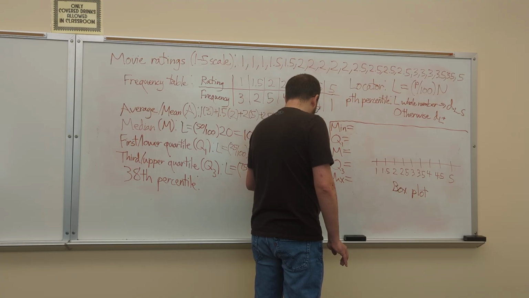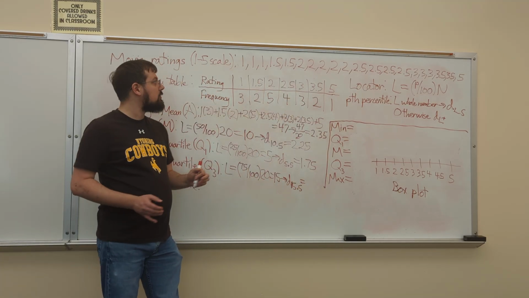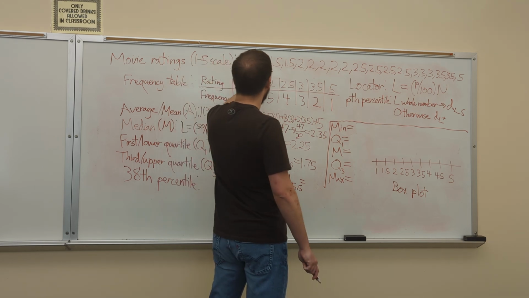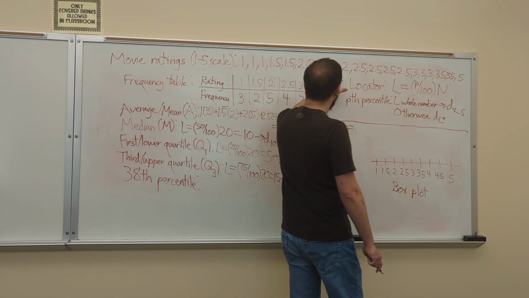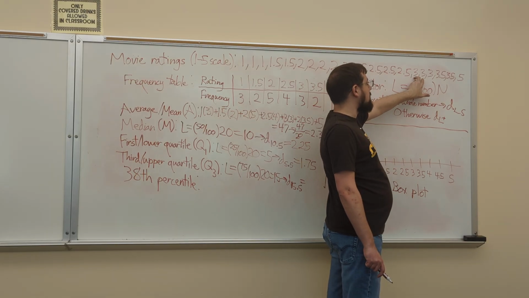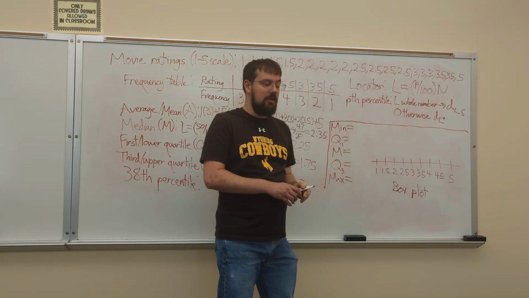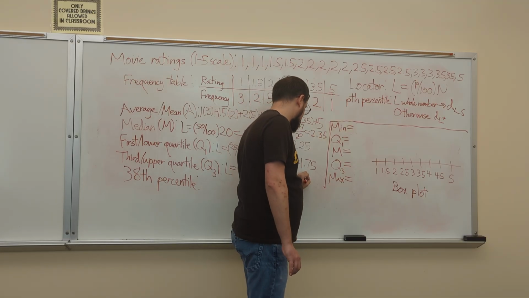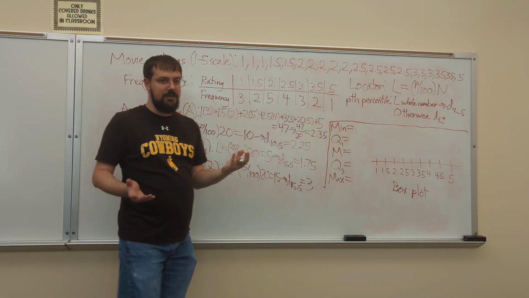In other words, the average of the 15th and 16th data points. So that would be 3 and 3 are data points number 15 and 16. So if we take the average of those, we just get 3, of course, since we have two of the same thing.